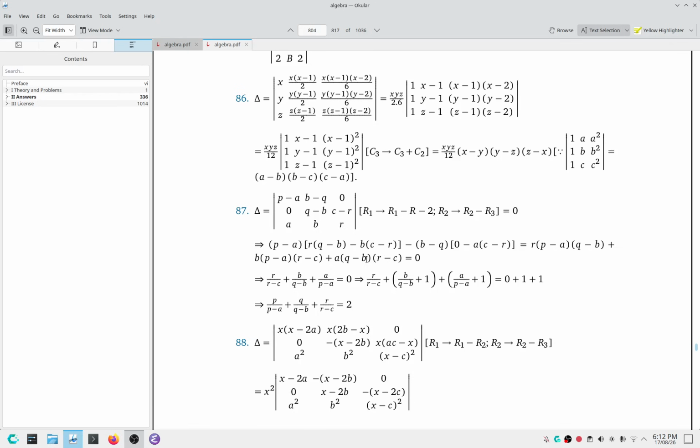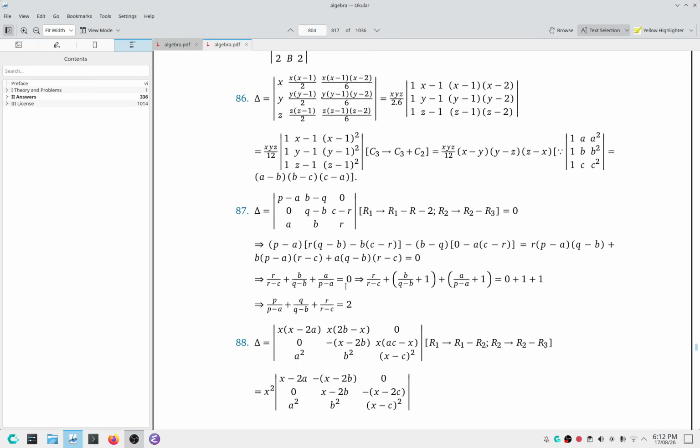Now, once we have this, we can say that R upon R minus C plus B upon Q minus B plus A upon P minus A is equal to 0. So how do we arrive at this? We divide by P minus A times Q minus B times R minus C in our expression.